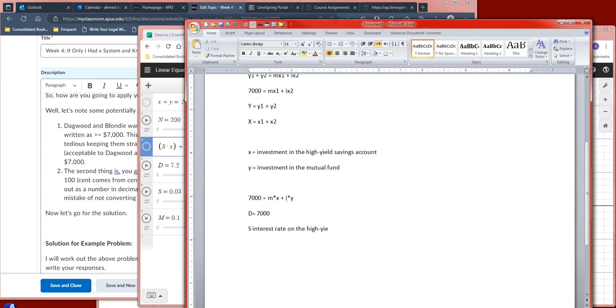This is why I don't like to type in the lecture, and writing is so much easier. And what did I use? I'm using capital M as the interest rate on the mutual fund. Yeah, M for mutual fund.